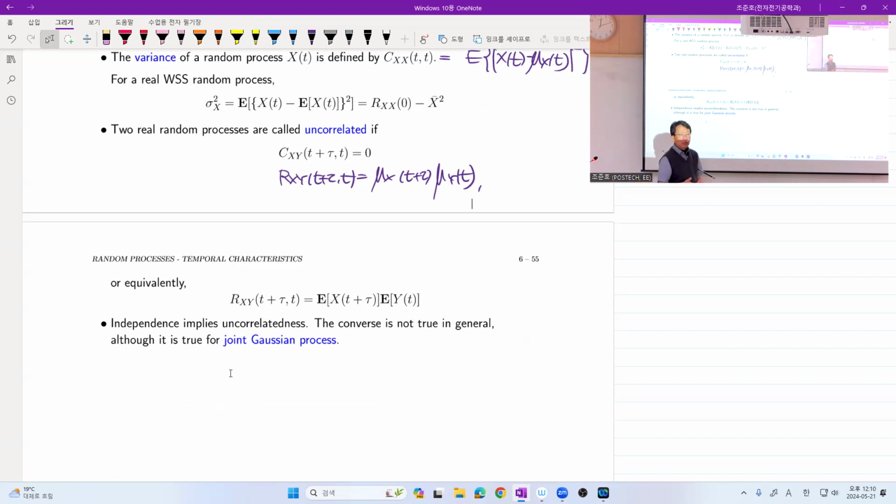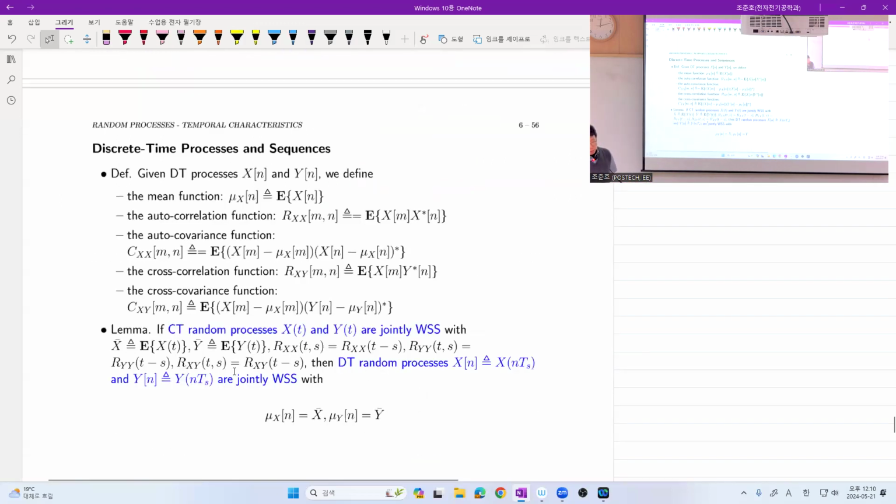The complementary correlation function being a function only of time difference is required. Be careful. So we've done the correlation functions of real random processes, continuous time, real and complex random processes.